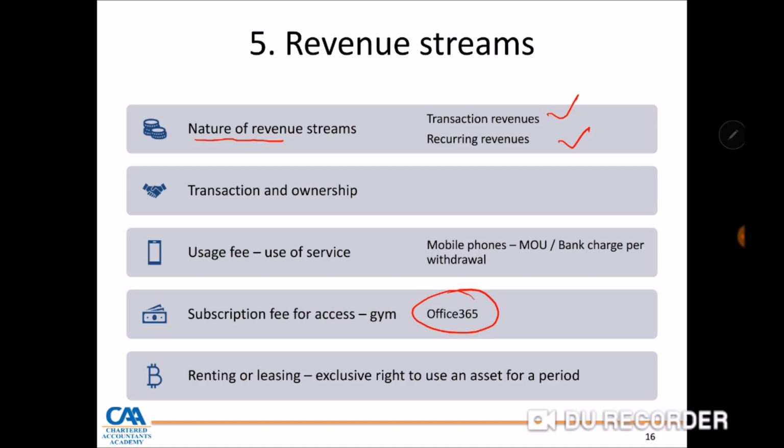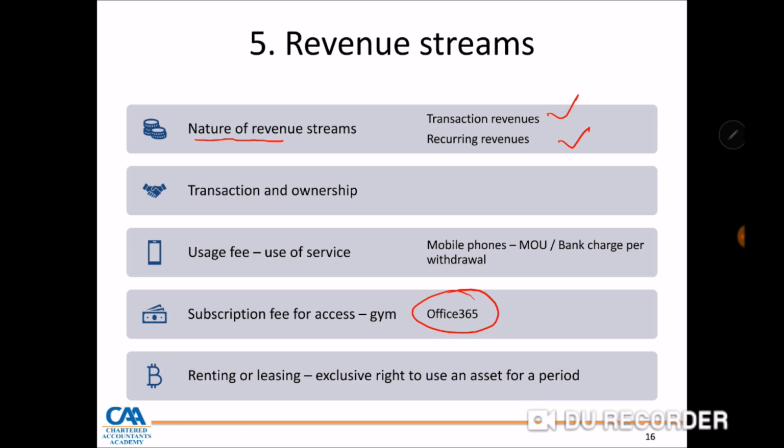And then there are also issues around transactional versus ownership. Should someone own, or can I give them a leasing arrangement? A classic example is, instead of selling the building to you, where I get transactional income, I say, okay, I'm going to lease the building to you, and then I get recurring revenues over time.